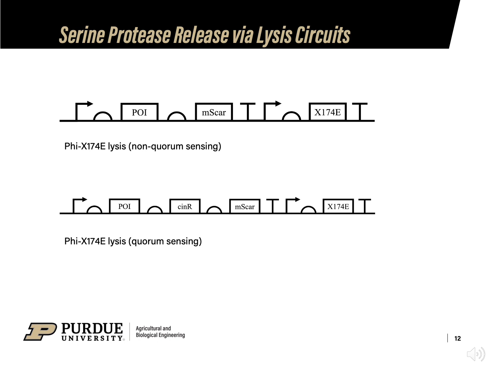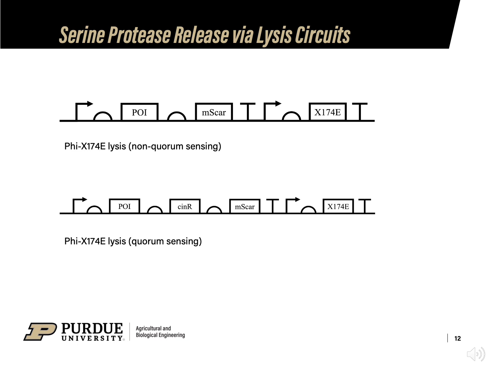The second method that we looked into was simply cell lysis. While this is not as preferable as secretion, it was another avenue to be pursued and explored if secretion was not going to work. In both of these schematics here, the POI is the serine protease, whichever one of the three could be plugged in that spot.